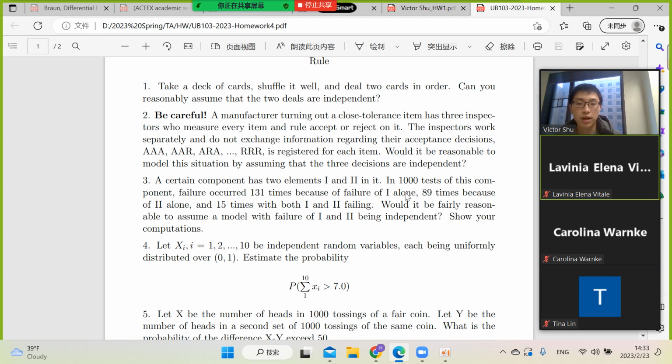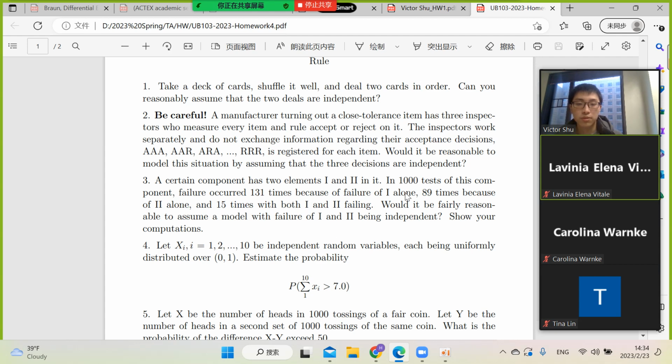So you basically have the probability of A intersection B, which is in this case the probability 1 and 2 both fail, and you have the probability of A alone, which is the probability that element 1 fails, no matter what happens to element 2. And then you have your probability B, which is the probability that element 2 fails, no matter what happens for element 1.